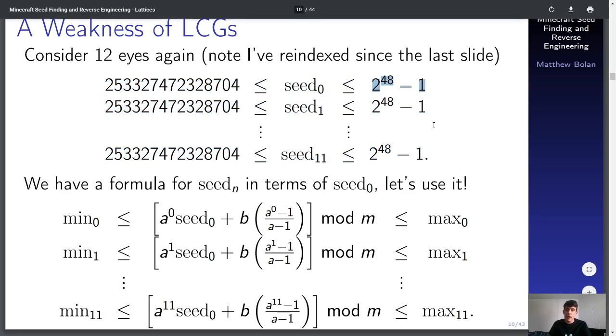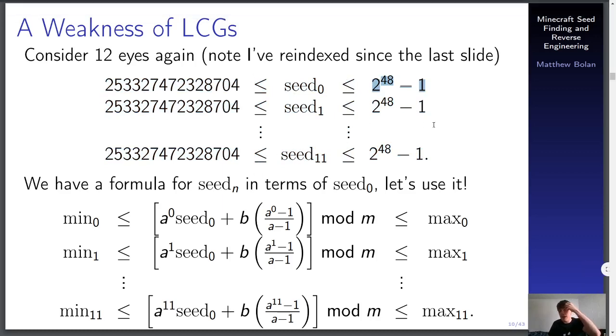Now we're going to use the fact that the numbers we want to satisfy these bounds are consecutive seeds of an LCG. We already have a formula for seed n in terms of our seed 0, which goes back to what we established in the last video.